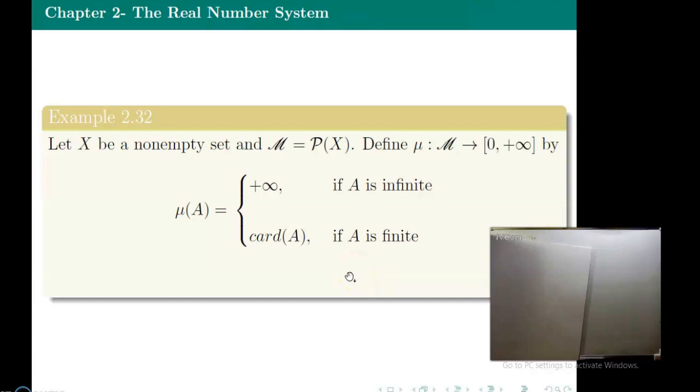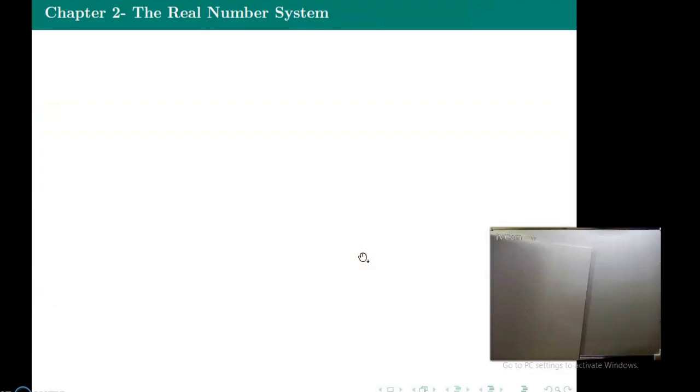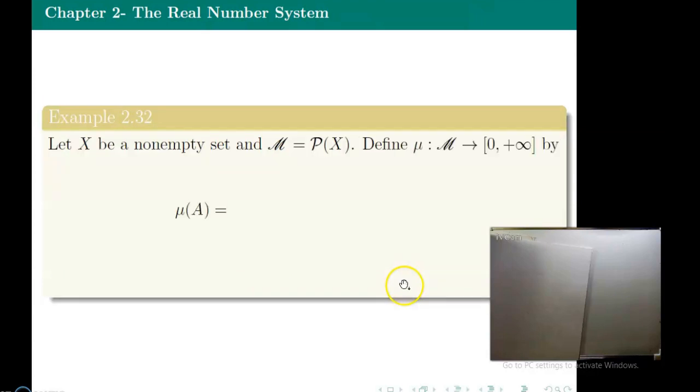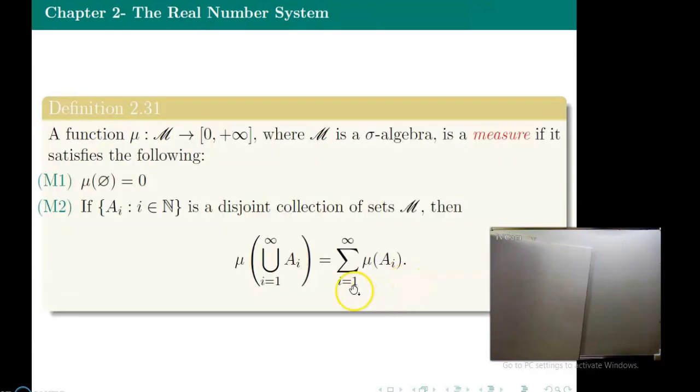Now, what about for the disjoint sets? If you take the union of disjoint sets, it could be finite or infinite. So the measure of the union of disjoint sets, of course, is equal to the summation of the measures.